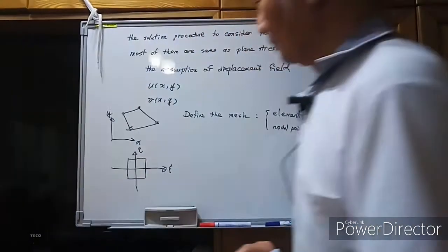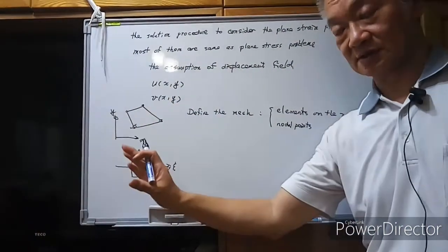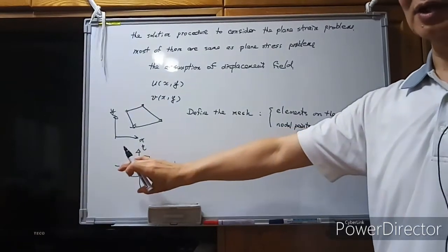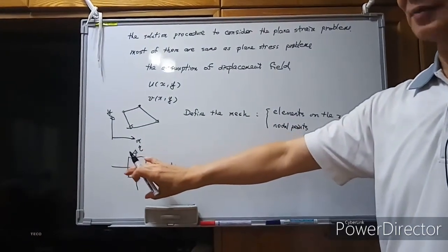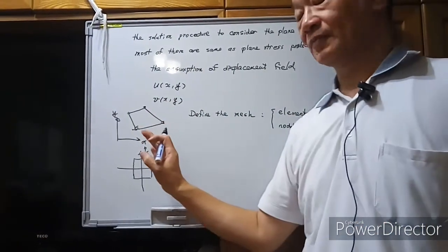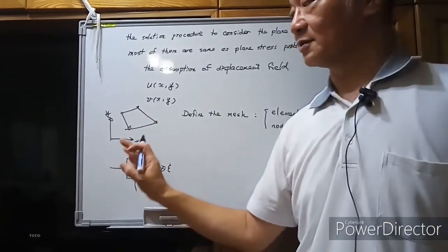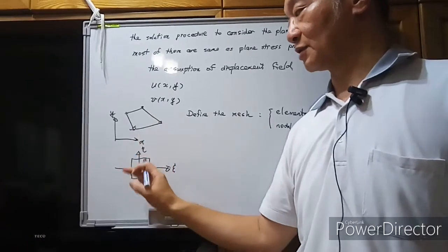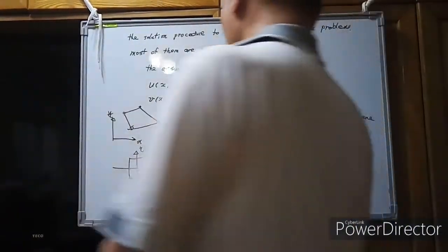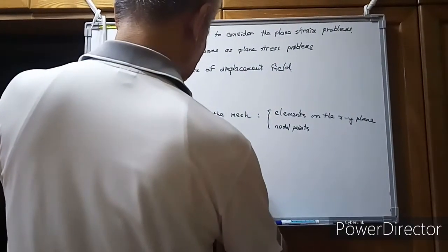Okay, so the procedure is the same. We have the real element, and we have the mapped element, and these two elements are lying on two different planes. One is the xy plane, the other one is the Cartesian eta plane. And also we have two sets of equations.